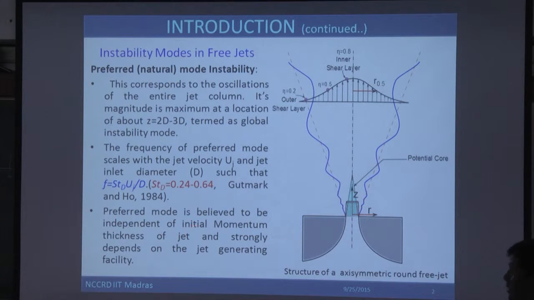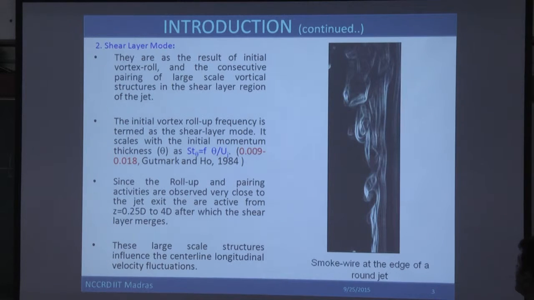So this preferred mode, we really don't know how it comes, what contributes to the preferred mode, but what we can say is this preferred mode is slightly altered by the initial conditions of the jet. The second mode is the shear layer mode. Shear layer mode is commonly known to everyone because when a jet is coming out of a nozzle, there will be small vortex roll up because of the velocity gradient, the difference in the velocities between the quiescent air and the flow. So there will be a roll up of vortices. These roll up vortices gradually go up, and then they can join together and become bigger, very large vortices.